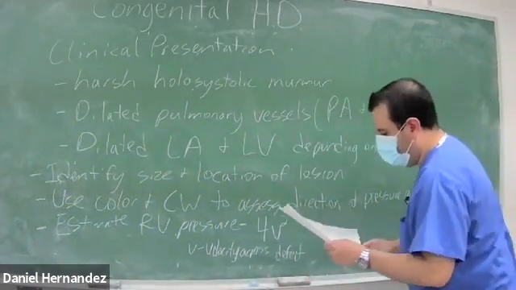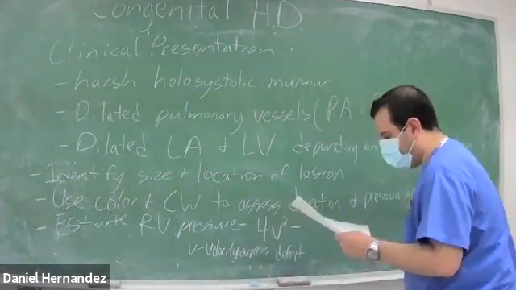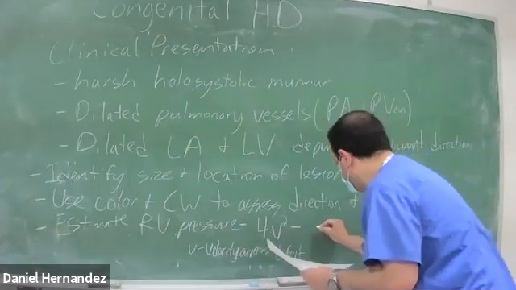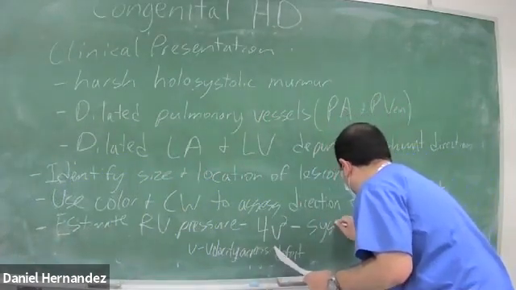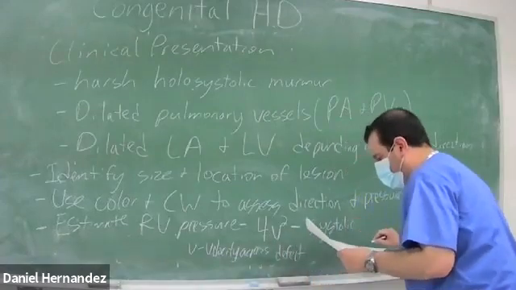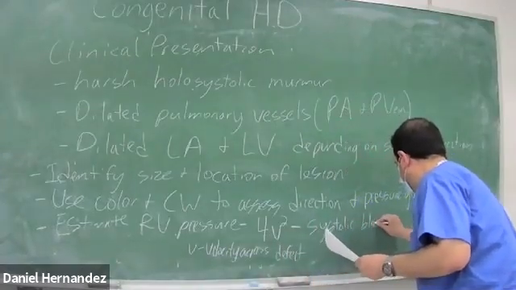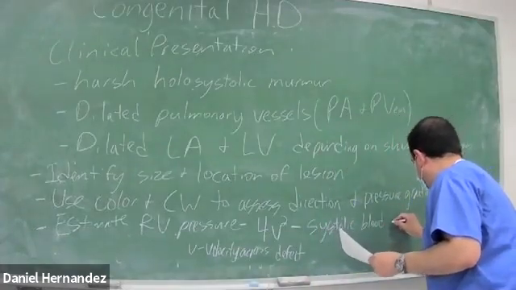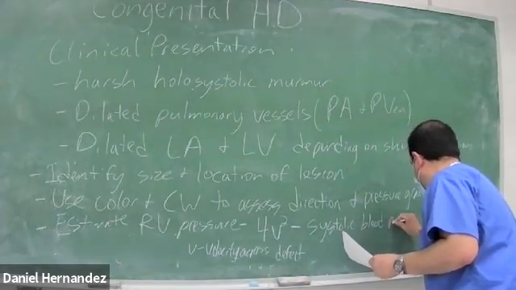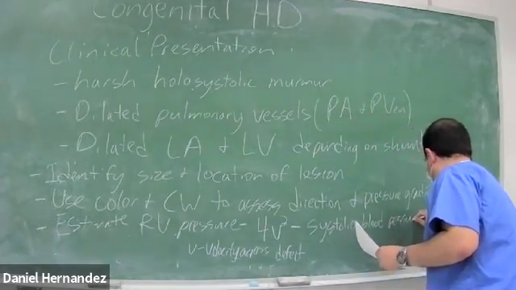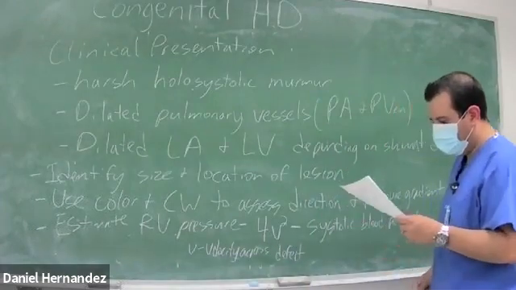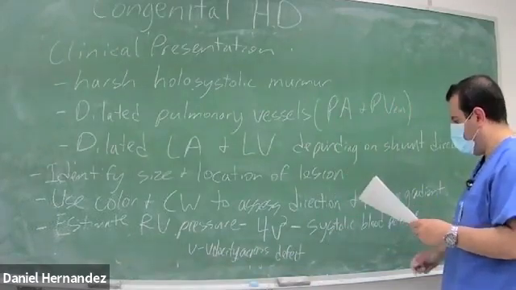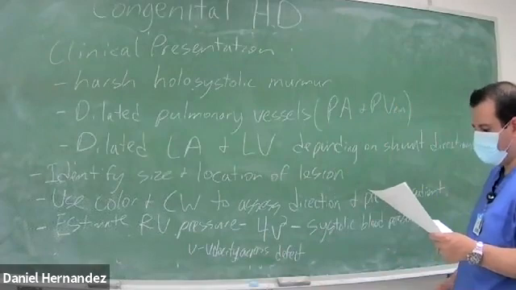So 4V squared minus systolic blood pressure. Subtract from the systolic blood pressure.